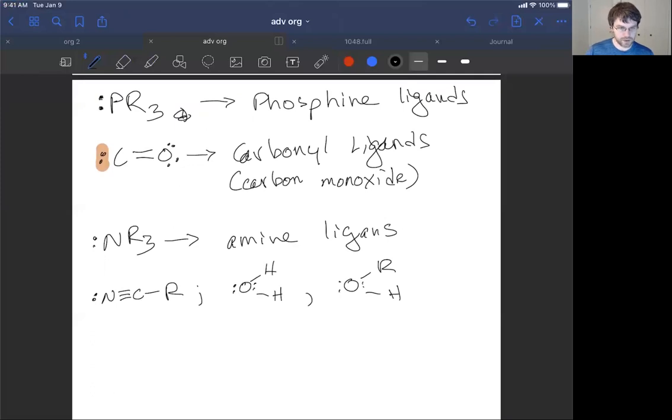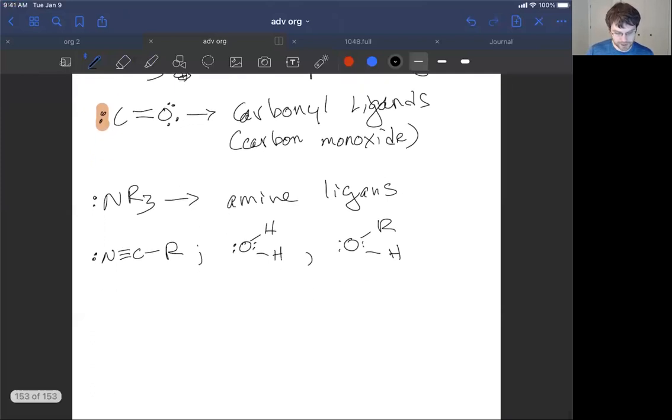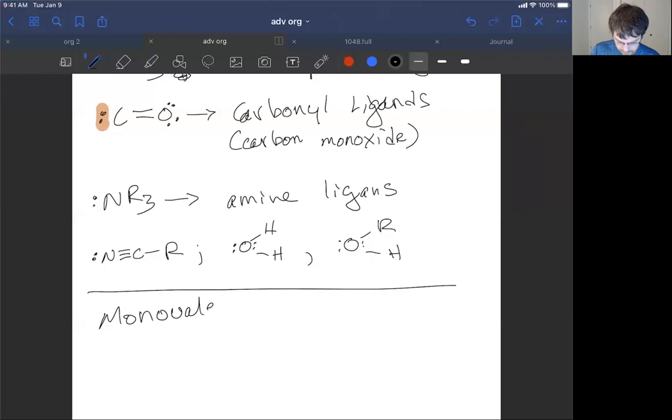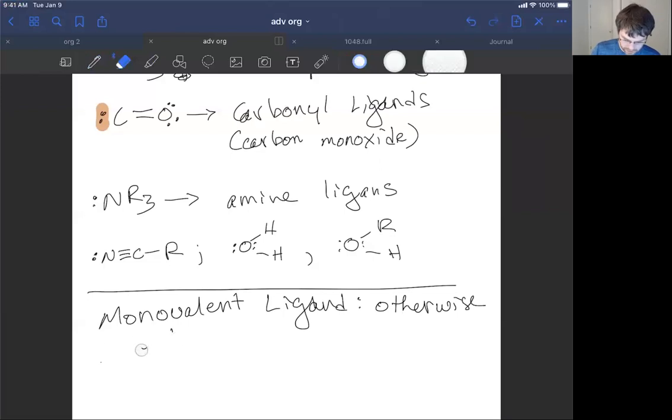Now what we have to do is be able to recognize when we have a Lewis base versus a monovalent ligand. Monovalent ligands would otherwise be negatively charged.